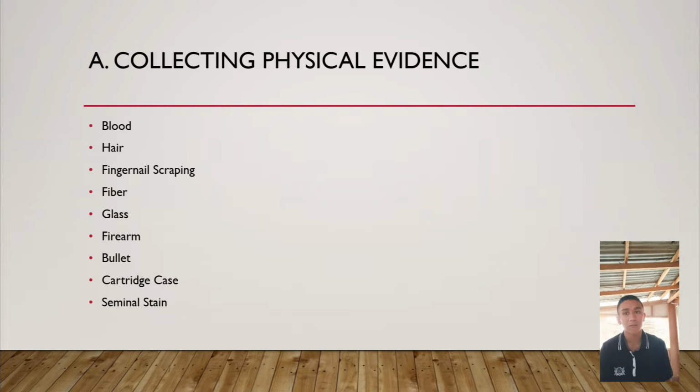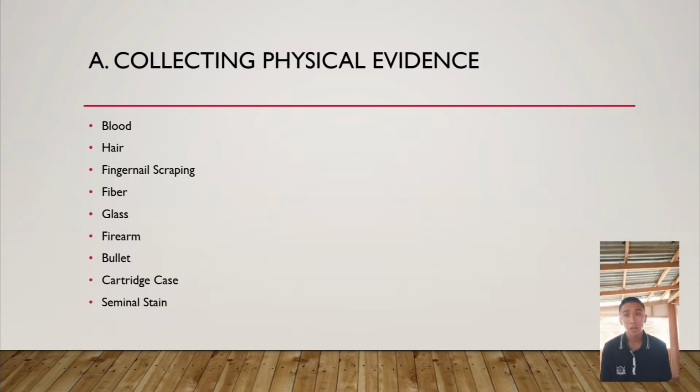The last one is, if the sample is scraped from a surface, also scrape a portion of the surface where no blood is present and submit it in a separate container for control in case some substance on the surface causes difficulty in the test.